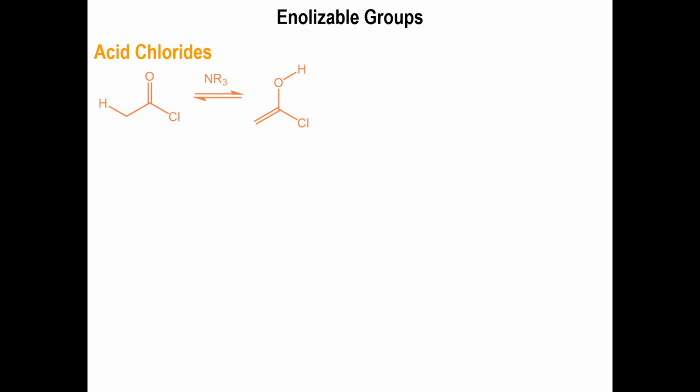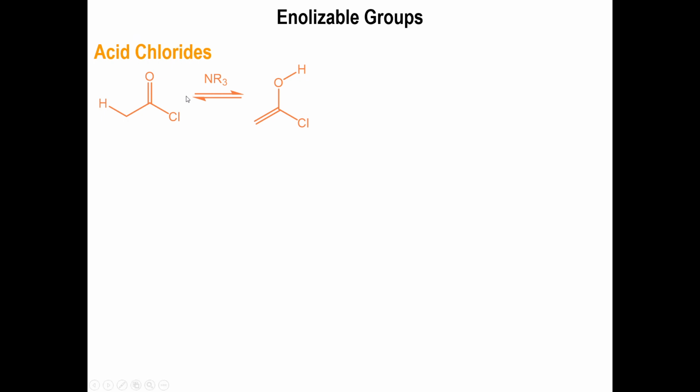Generally speaking, the carbonyls that have a three-plus carbon chain associated with them, like acyl chlorides and carboxylic acid derivatives, all of these compounds have the ability to turn into an enol via tautomerization, but they have different strengths and different propensities to do so.